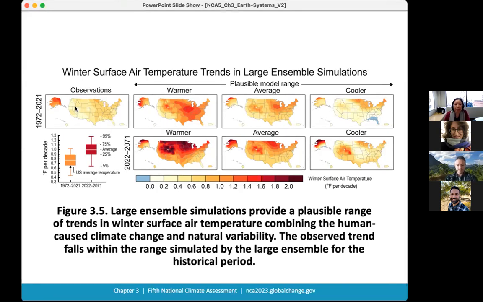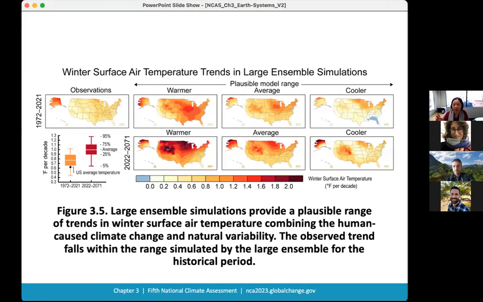So in this figure here, we are showing the observed warming of the wintertime surface air temperature between 1972 and 2021, showing generally warming across the country. Using the observed forcing, such as the amount of greenhouse gases, the land use, land cover change, and aerosols, etc., we can run the climate model many times.